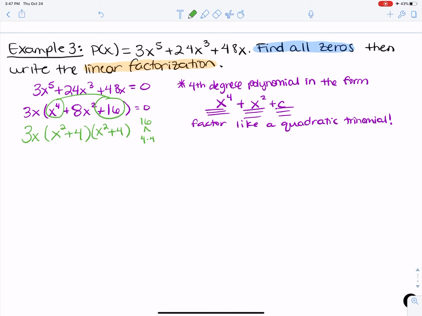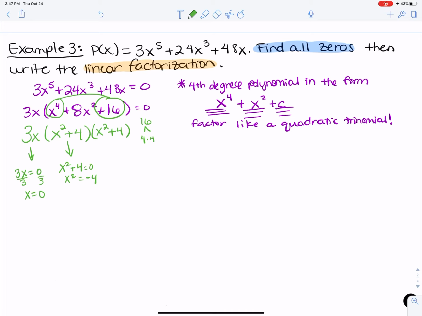And now we can write our zeros and figure out what those are so that we can, one, answer the question and then write our linear factorization. So 3x equals 0, divide by 3, so x equals 0 still. Okay, x squared plus 4 equals 0, so x squared equals negative 4.